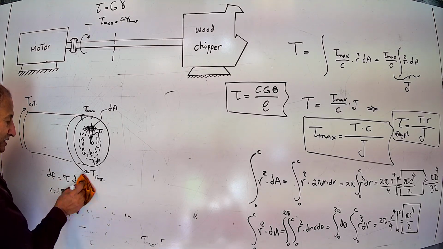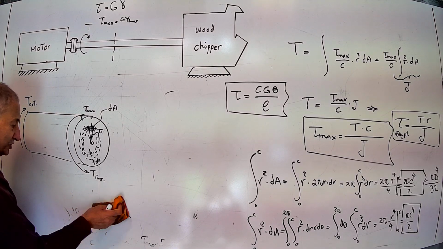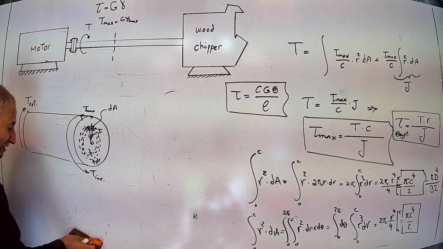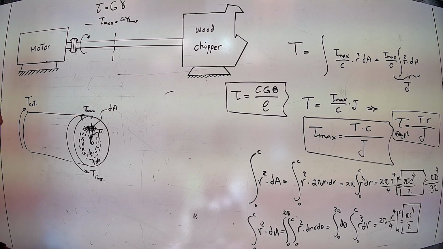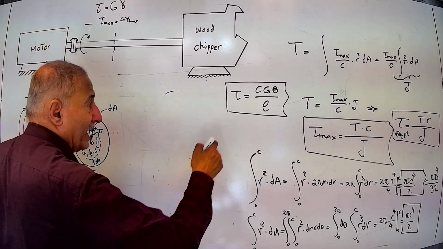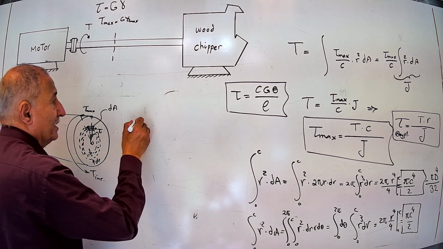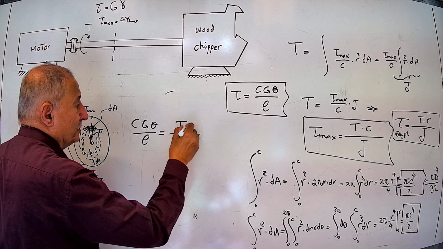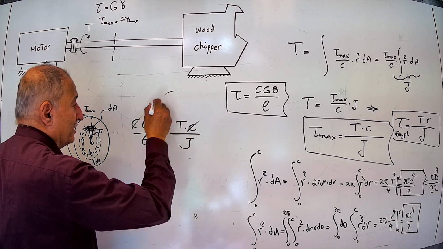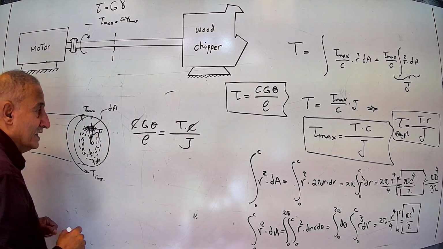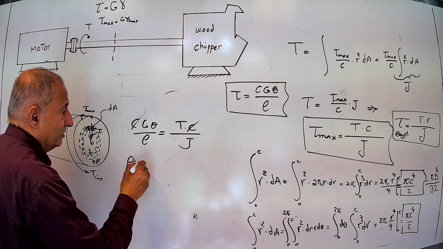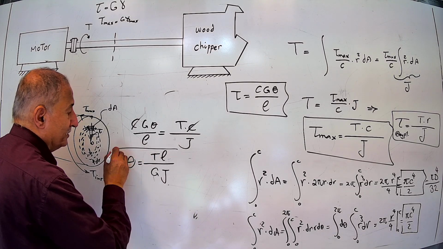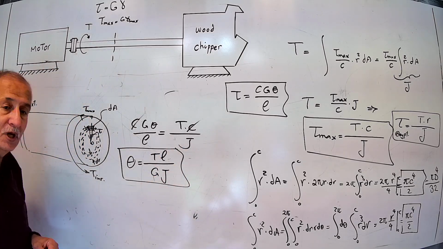Then for tau max, C G theta over L is equal to T C over J. You can cancel C on both sides, and theta is equal to T L over G J. This is the twisting angle formula.